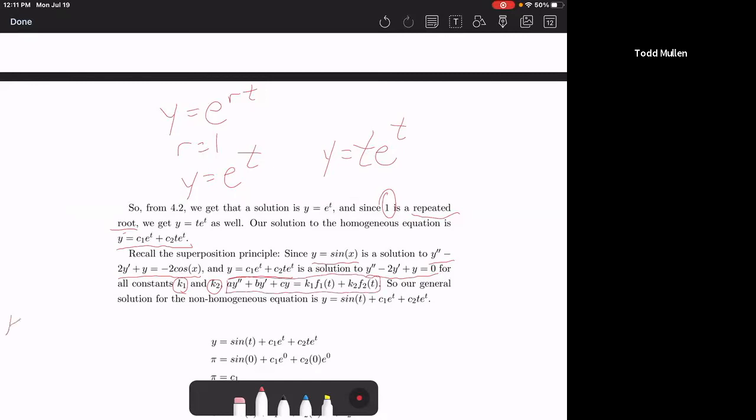It looks like k1 times f1, which is sine t, plus k2 times f2, which is the thing we just solved for, c1 e to the t plus c2 t e to the t.